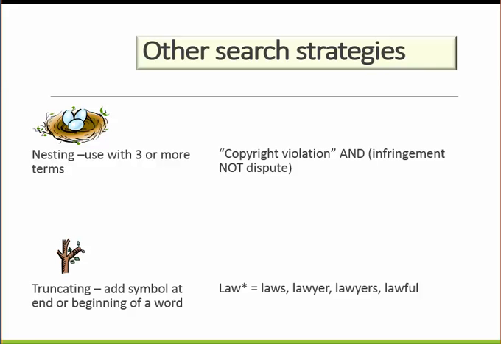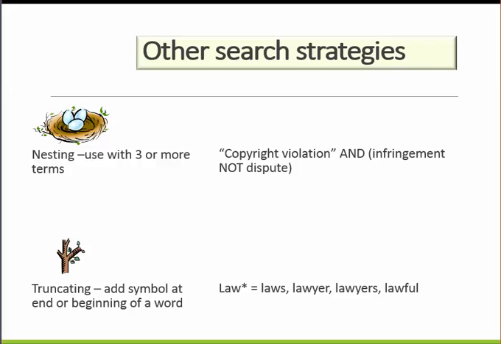When you use truncating, you use the little asterisk at the end of the root of the word so that you can find all forms of the word. The instance here is law, asterisk, will find articles with the word laws, lawyer, lawyers, lawful, and so on. You may be able to think of some other words you could use, such as nurse, nursing, nurses, and just put NURS asterisk, and so on.